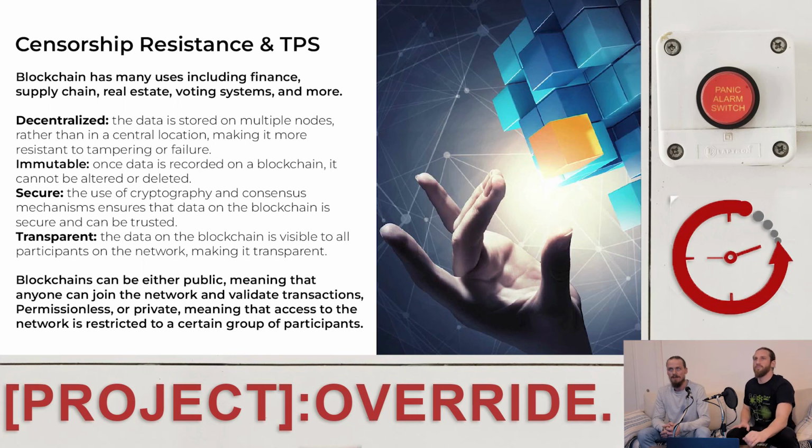Blockchain has many uses, including finance, supply chain, real estate, voting systems, and more. Some of the key points are that it's decentralized, immutable, secure, and transparent. They can be public, meaning that anyone can join a network and validate transactions. They can also be permissioned or private, meaning that access to the network is restricted to a certain group of participants.